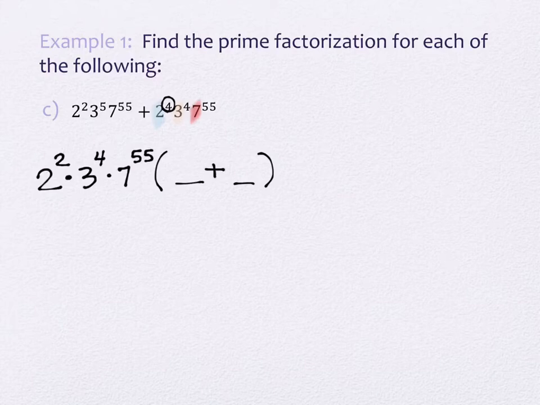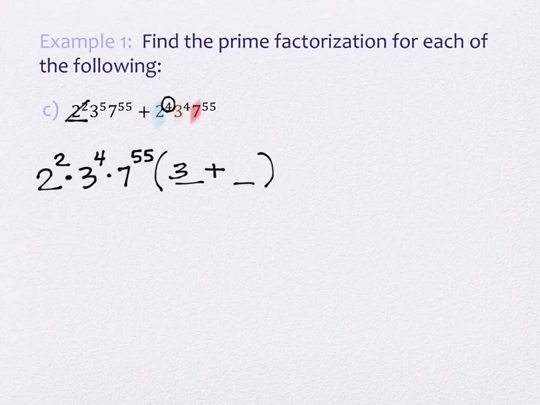Let's do it piece by piece. All the 2s are now gone, right? They got all pulled out. Everybody good with that? Were all the 3s pulled out? No. 4 of the 3s were pulled out, which means how many 3s are left? 1 of them. So there is a 3 here. And the 7s were also all pulled out.